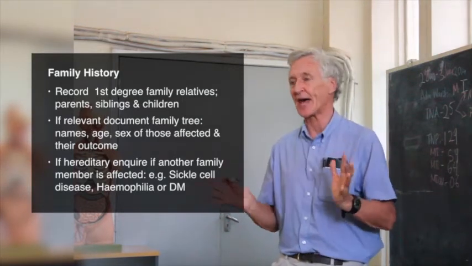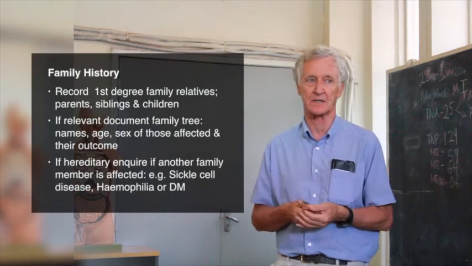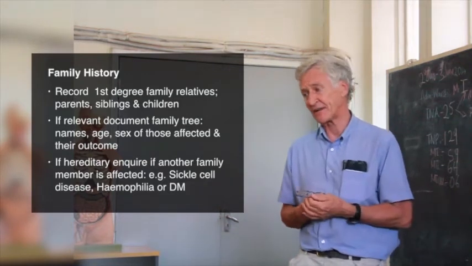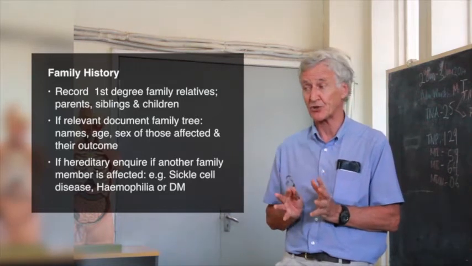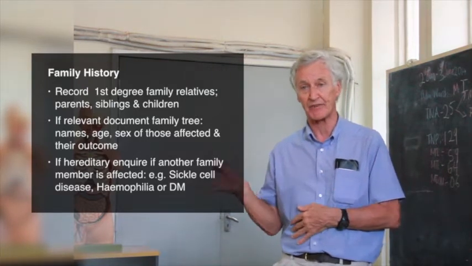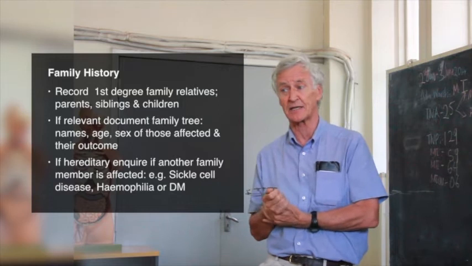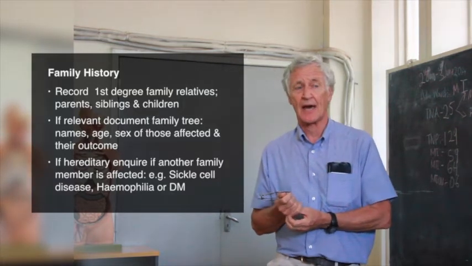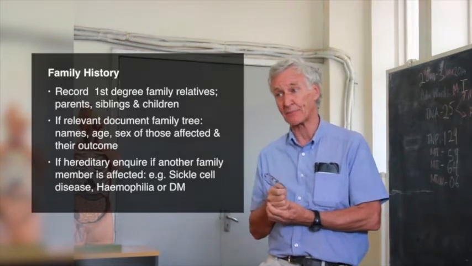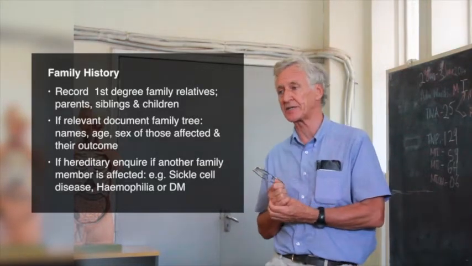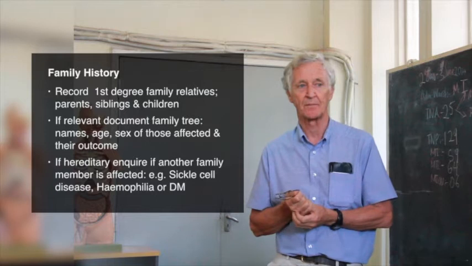Sometimes we extend beyond that, where there's an obvious genetic disease. If it's relevant, then you have to document the family tree for each of those, if they're affected by this disease that is in question. And at the same time documenting the outcome of that disease. That may be important in terms of the disease that your patient is presenting with.